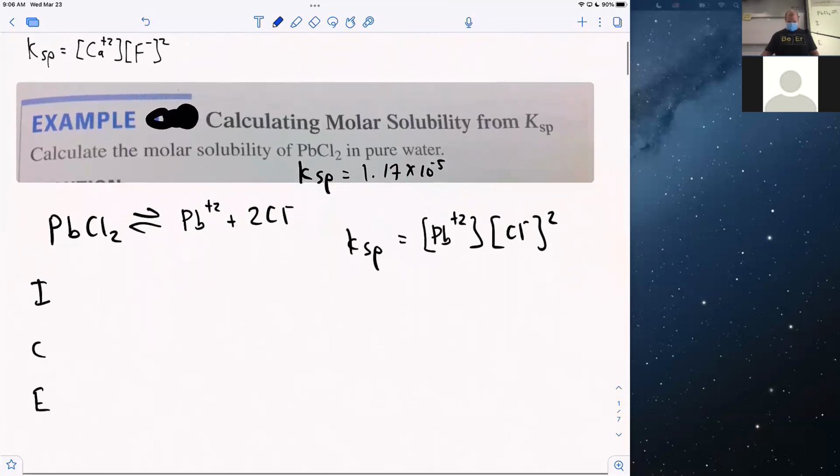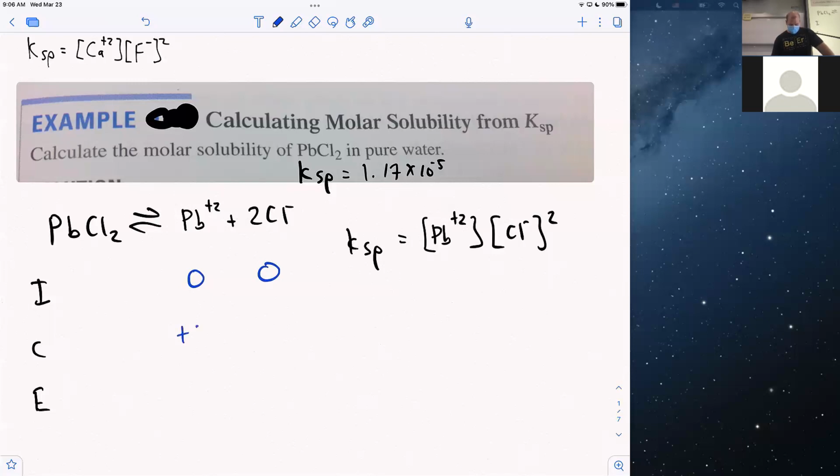So let's look at this. What is the molar solubility of lead chloride in pure water? I've written the reaction with water here: lead chloride in equilibrium with lead ions and 2 chlorides. Just a plain old initial, change, equilibrium ICE chart. We start off with 0, and I'm going to follow the textbook.